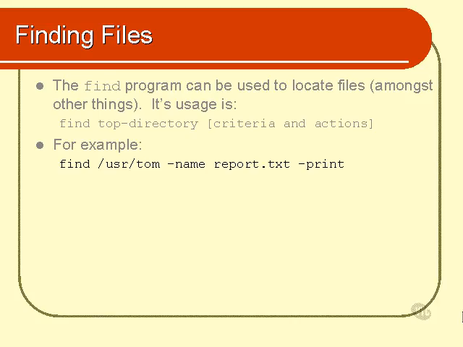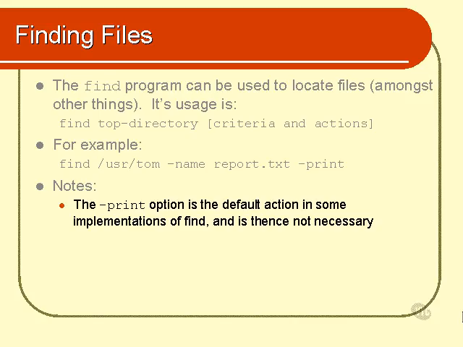Let's have a look at some more detail about that so you have a better understanding of what we're talking about. The print option that I just mentioned is the default action in some implementations of Find, not all. What that means is, in some versions of Find, on some Unixes, if you want the Find program to actually print the names of the files that it finds on the screen, then you'll have to type in the -print option.